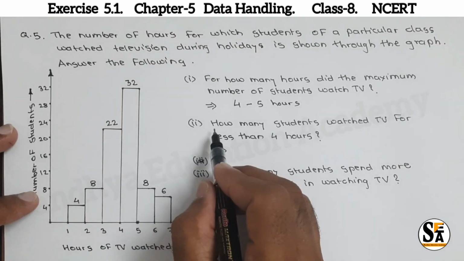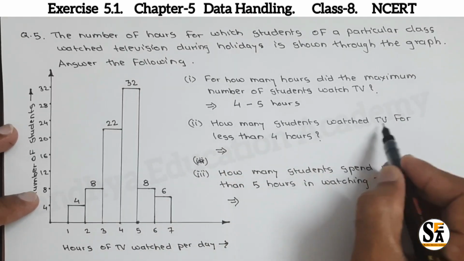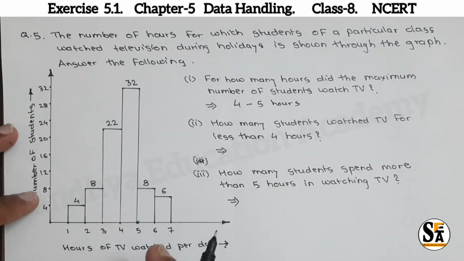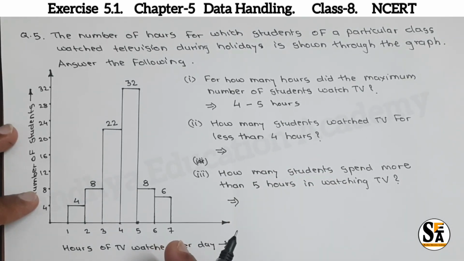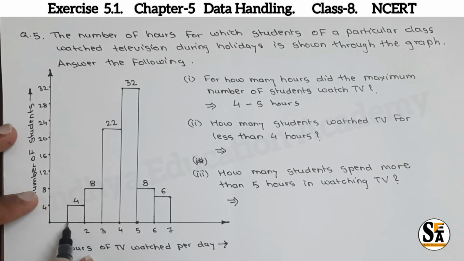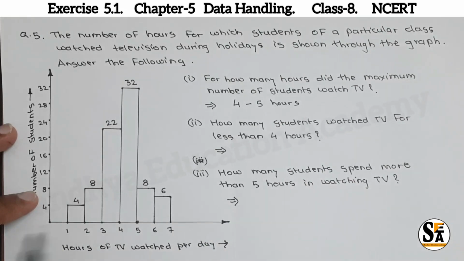In the next question, how many students watch TV for less than 4 hours? Now see, what is asked? How many students watch TV less than 4? If this is 4, then the addition of all these students gives those watching less than 4 hours. So how can we add this?